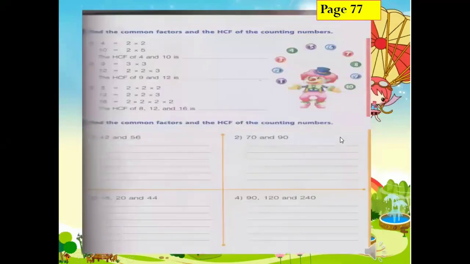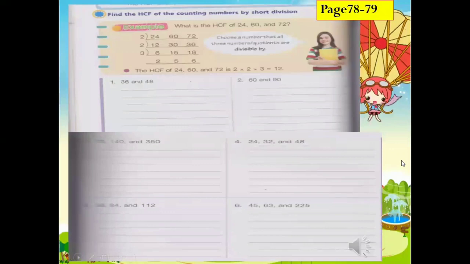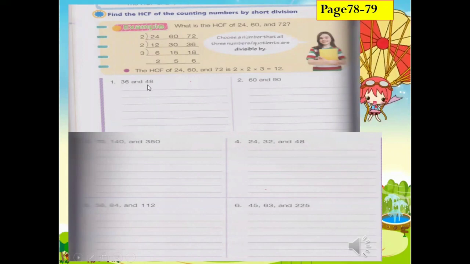Next, page 77, find the common factors and the HCF of the counting numbers. Page 78 to 79. This is the last. Follow the example. Using short division, you have to find the highest common factor of the whole numbers.